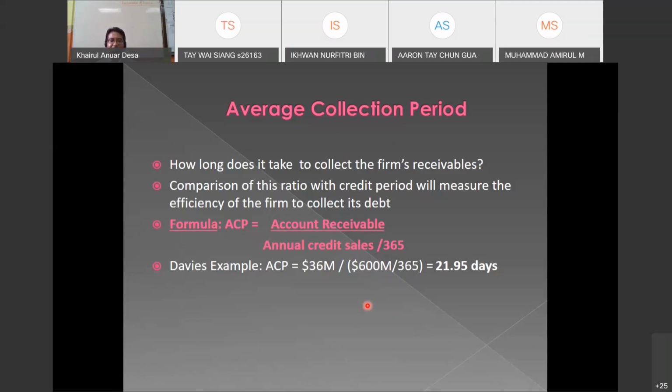Okay, thank you Muizzah, Debra. Dia account ni untuk customer yang beli guna kredit. Okay, there are two types of transaction in our business. Number one is the cash sale.